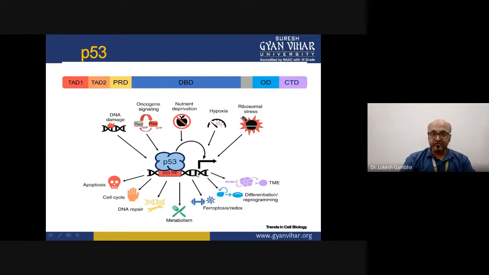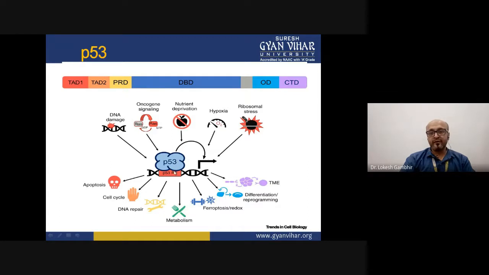And what are those genes or proteins? The proteins which are formed after the expression of its downstream genes are involved in multiple cellular pathways. What pathways? Pathways like apoptosis. P53 is known to induce PUMA and the Bax family proteins to induce apoptosis. The pro-apoptotic proteins are induced in response to P53. It is known to control the cell cycle as a checkpoint.